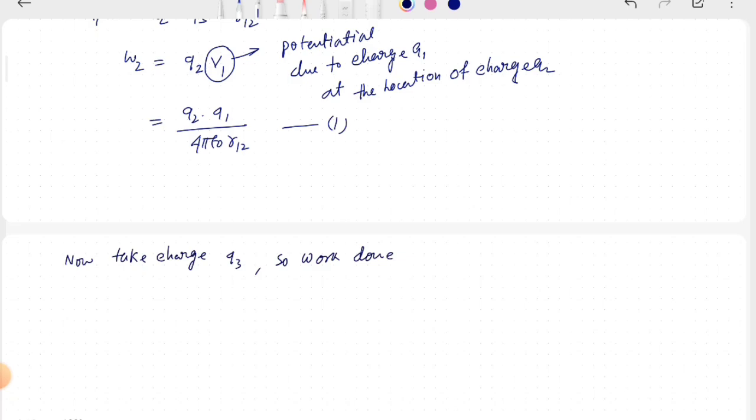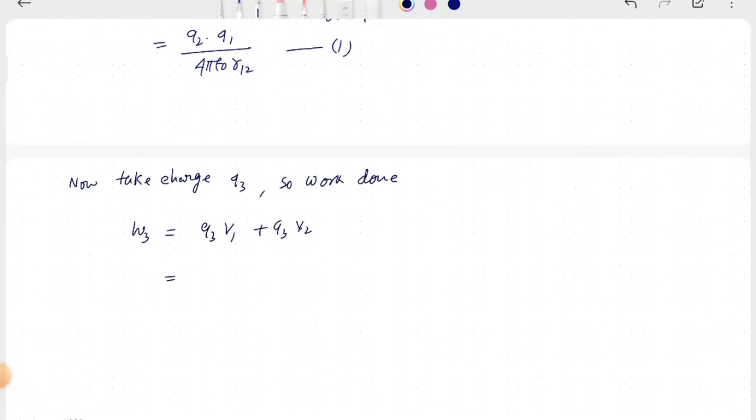So work done W3 is equal to Q3 times the potential due to charge 1 plus Q3 times the potential due to charge 2. So Q3 is equal to Q1 over 4 pi epsilon naught R13 plus Q3 into Q2 upon 4 pi epsilon naught R23.